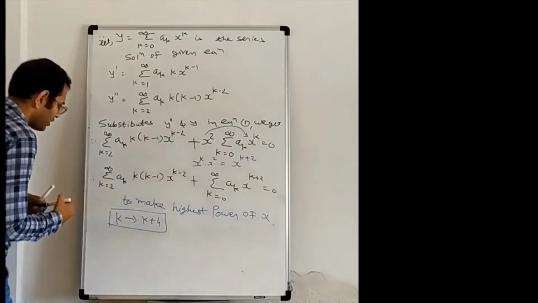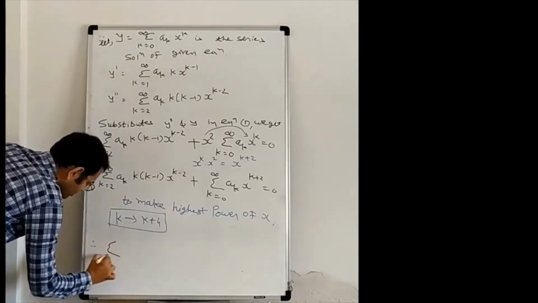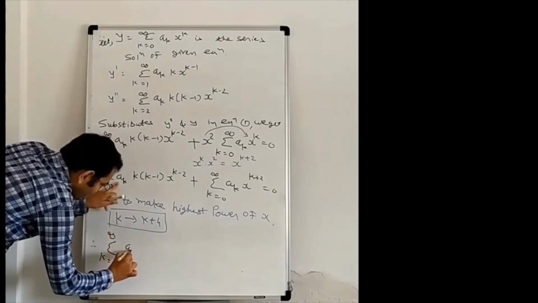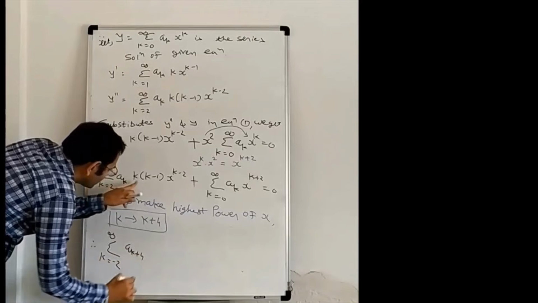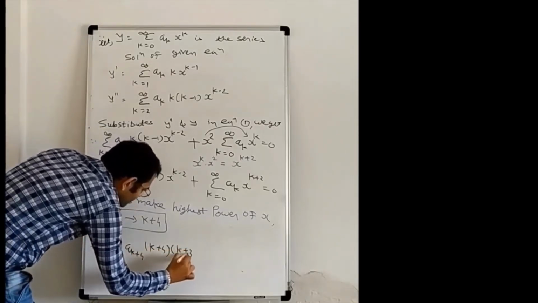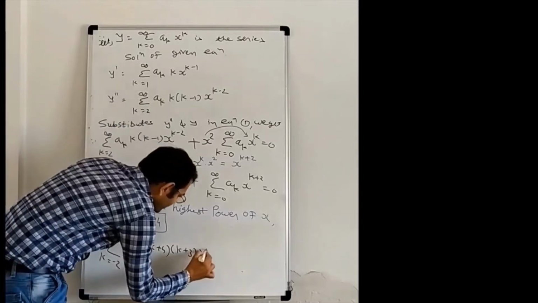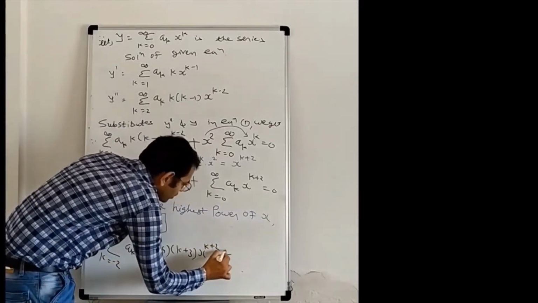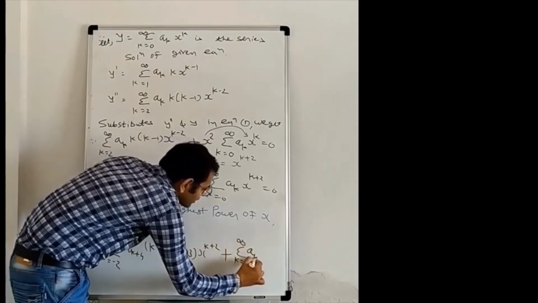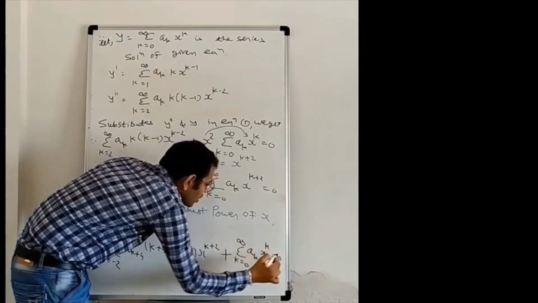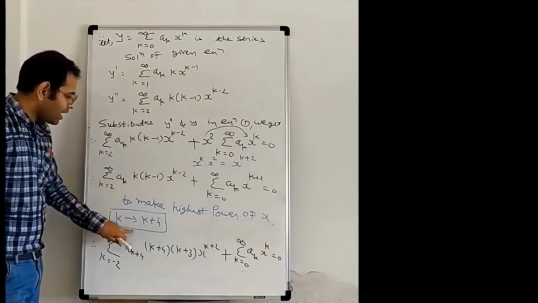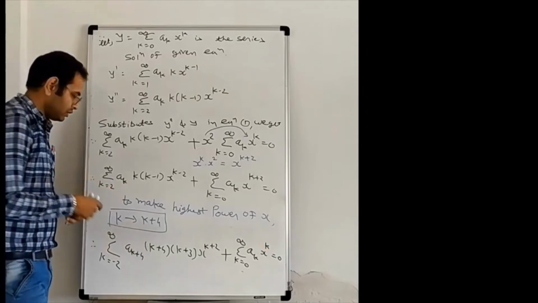Then we get summation k equal to minus 2 to infinity a(k+4) into k plus 4 into k plus 3 x raised to k plus 2. The second term is as it is. Only the first term is replaced by k plus 4.